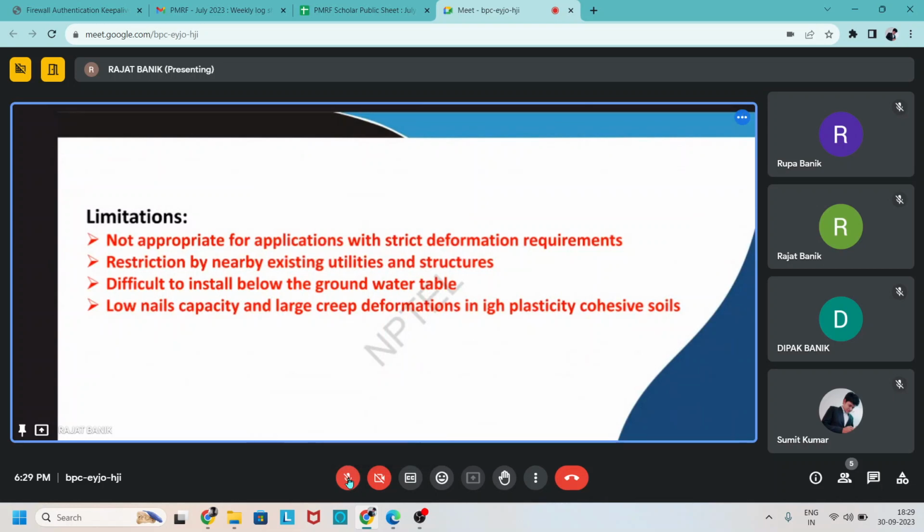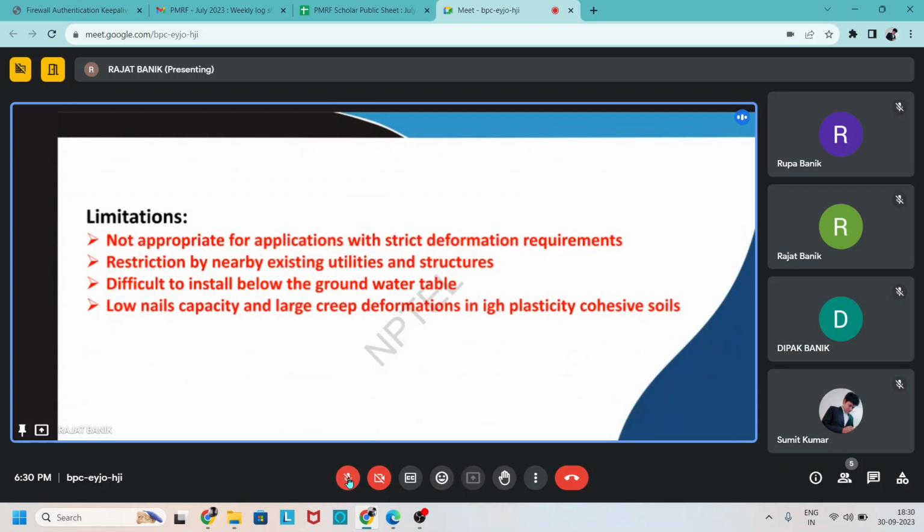The first one is that this method is not appropriate for applications with strict deformation requirements. If the ground condition is highly deformable, then this technique is not suitable, because it is used only to counter tensile forces, or we can say to increase the tensile strength of the ground.